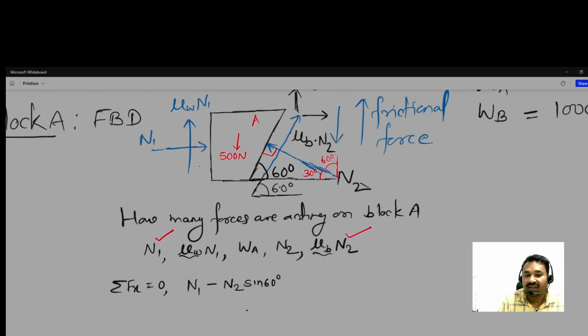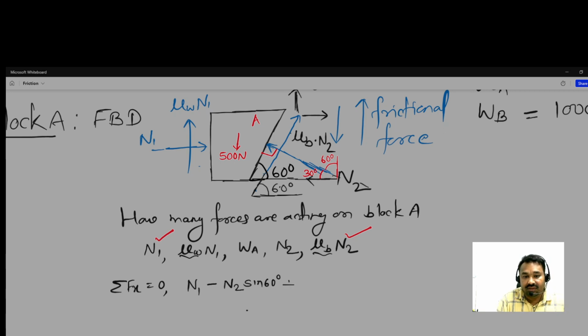But we want a horizontal force, this one we want. And what about the frictional force? The frictional force is acting here, the direction is positive, you can see here.